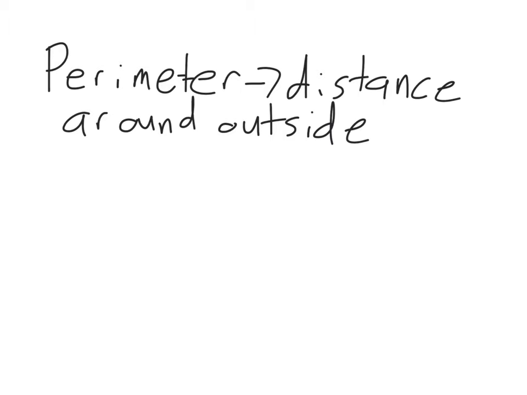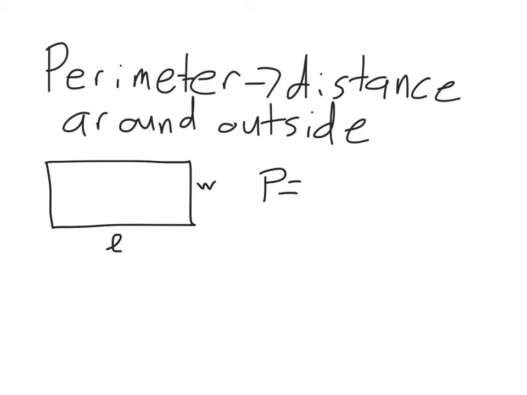So let's talk about the different shapes. If I were to have a rectangle that has a length L and a width W, how could I find the perimeter of that rectangle? That is an L. It's a cursive L. How would I find the perimeter of that? I would add what?